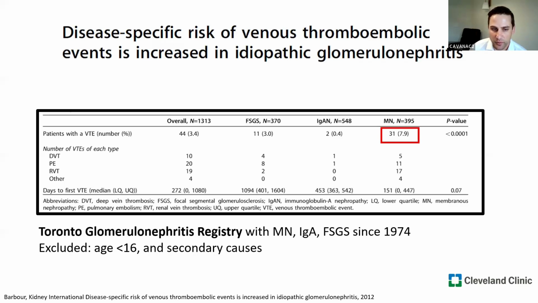FSGS came in around 3%, over in the middle column there. So this is how I operate in terms of thinking about the relative rate or incidence of VTE in nephrotic syndrome, and membranous, of course, being the one of most interest and most thought about, I guess you could say.